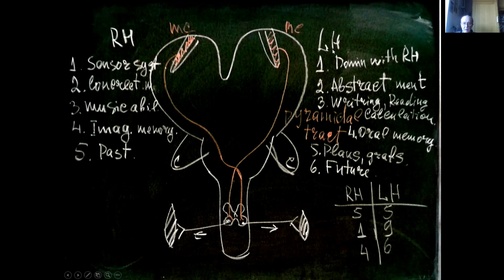The left hemisphere forms the abstract type of mentality, the abstract type of thinking processes. The right hemisphere has the concrete mentality. The abstract mentality forms the properties of writing, reading, calculation, but the right hemisphere depends on musical abilities, song, and so on.